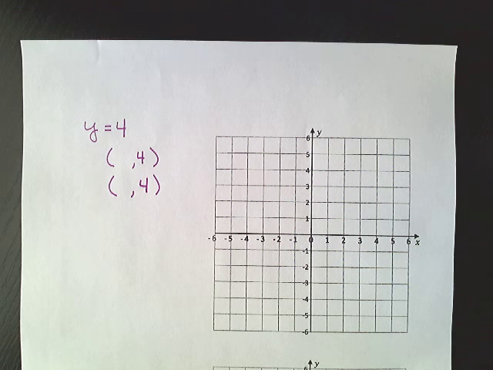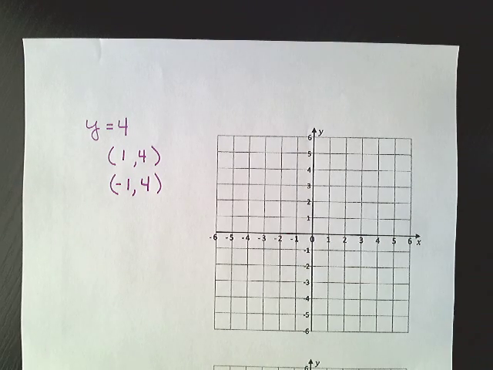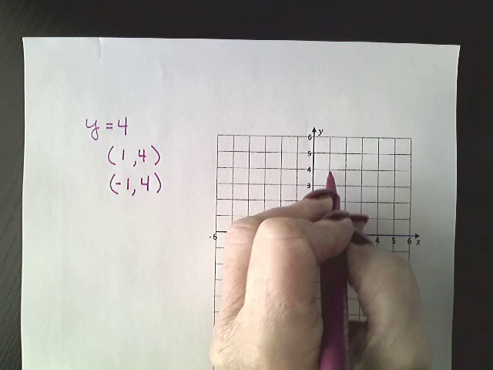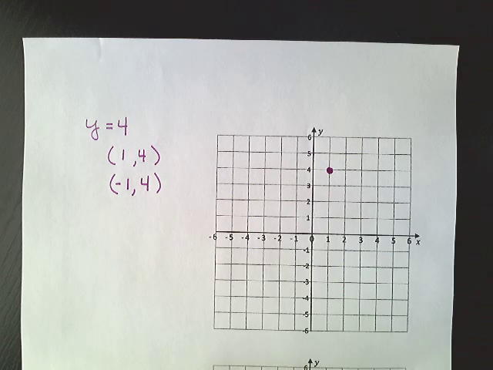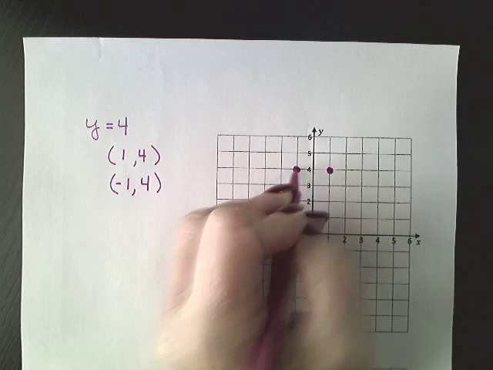It doesn't matter what number you use for your x coordinate, just so long as you can get it onto the graph. So I'm going to use 1 and -1. I'm going to plot over 1 and up 4. And then over -1 and up 4.